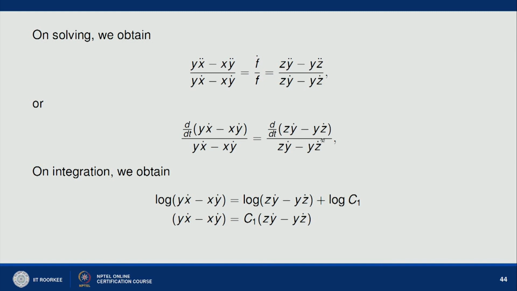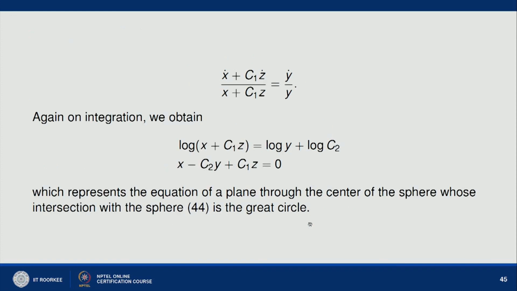If you do it, we can integrate and get log of (y x dash minus x y dash) equal to log of (z y dash minus y z dash) plus some integration constant, that is log of C1. So we get the condition y x dash minus x y dash equal to C1 (z y dash minus y z dash). Now again we can simplify and write (x dash plus C1 z dash) upon (x plus C1 z) equal to y dash upon y.